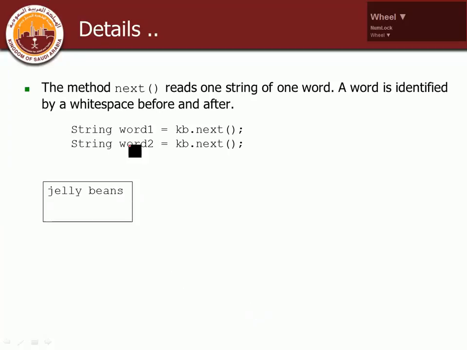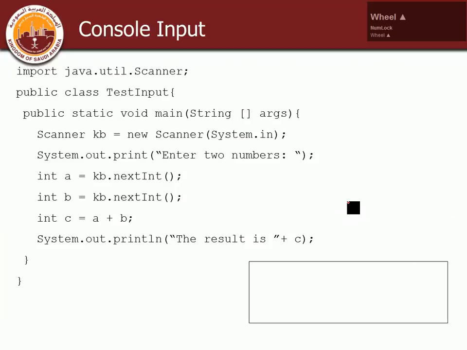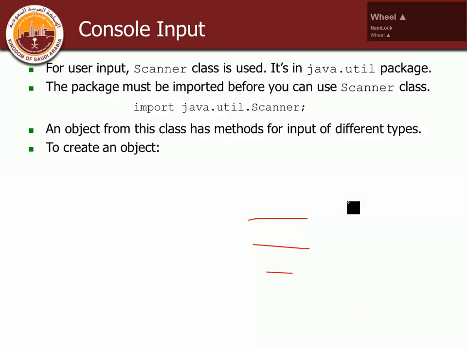So we said that next will give you only a word. For example, if you type something like this, the first one is going to go in word number 1, and the second one, because there's a space between them, is going to go to the next word. This is the result because we use only next. Remember, there's something that we've seen in the slide before.